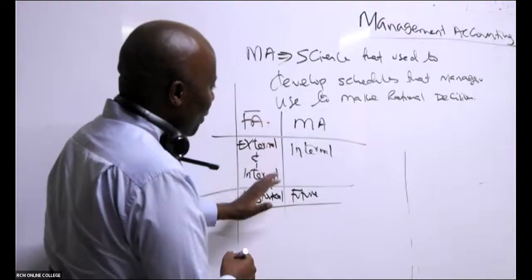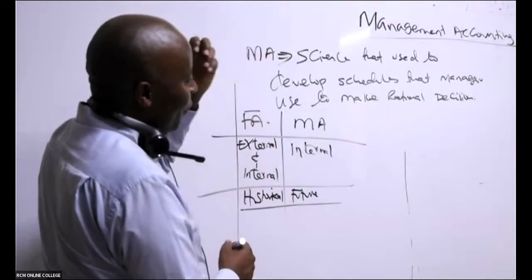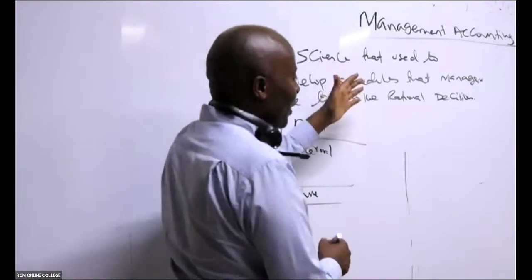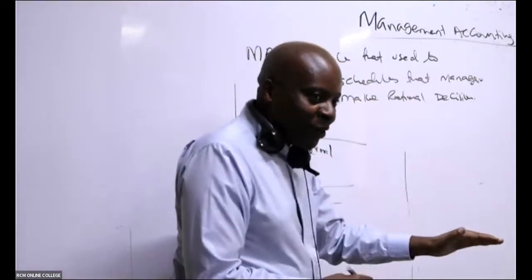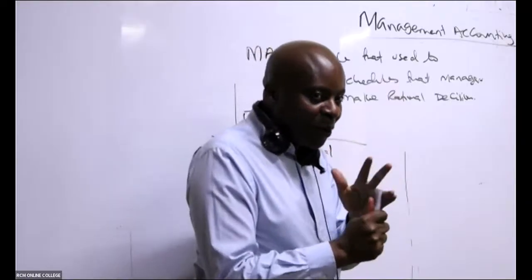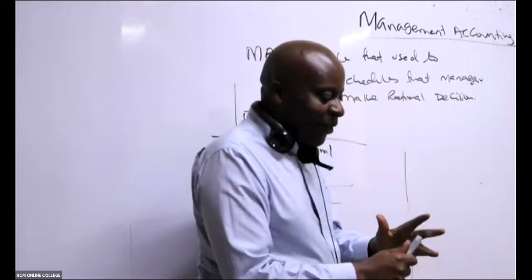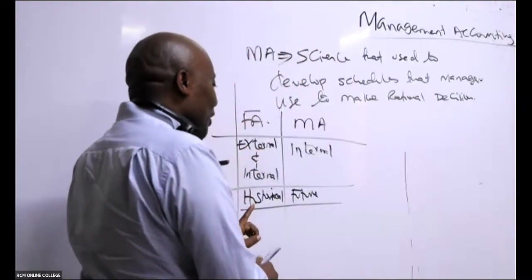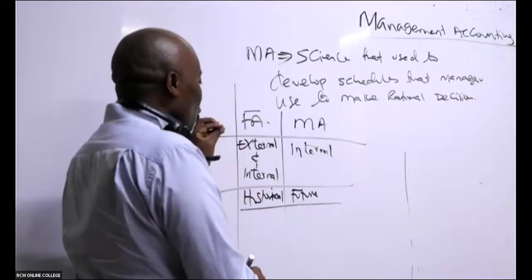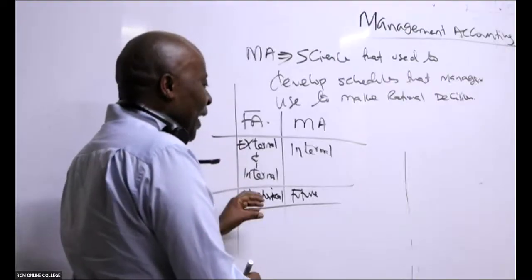Whenever it comes to financial accounting, the structure is normally given. If it's an income statement, we must start with sales, less cost of sales. Even cost of sales has an order to be followed: we have opening inventory, you add purchases, and then you less closing inventory. So financial accounting is well guided by the International Financial Reporting Standards, the IFRS.